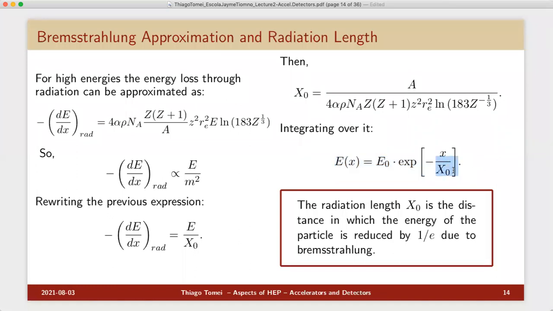And this x0, if you do the dimensional analysis, is something that has a dimension of length. So this x0 is called the radiation length. So it's the distance in which the energy of the particle is reduced by 1/e. So more or less 1/3, because of the bremsstrahlung.